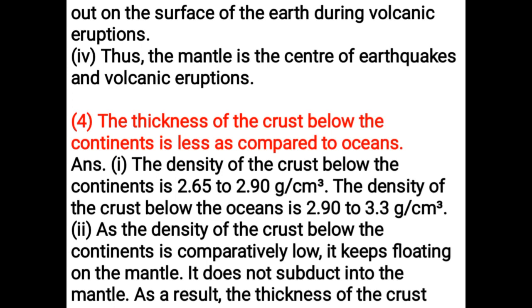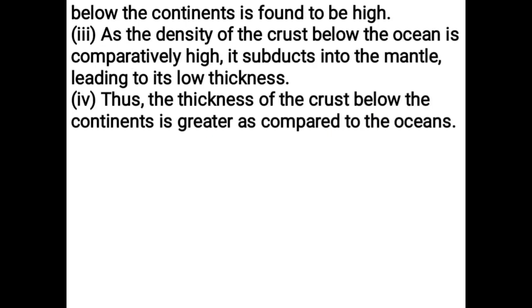It does not subduct into the mantle. As a result, the thickness of the crust below the continents is found to be high. As the density of the crust below the ocean is comparatively high, it subducts into the mantle, leading to its low thickness. Thus, the thickness of the crust below the continents is greater as compared to the oceans.